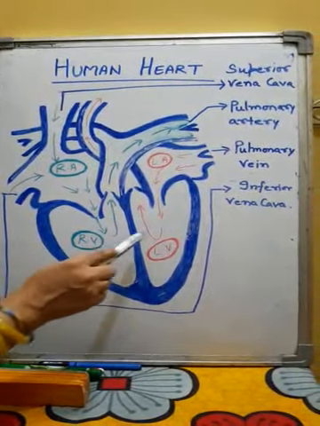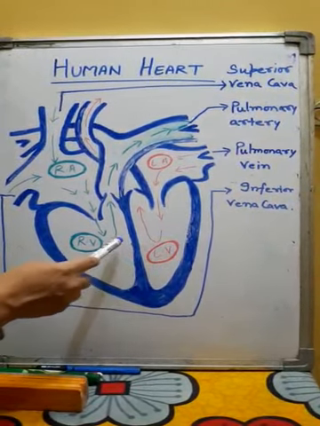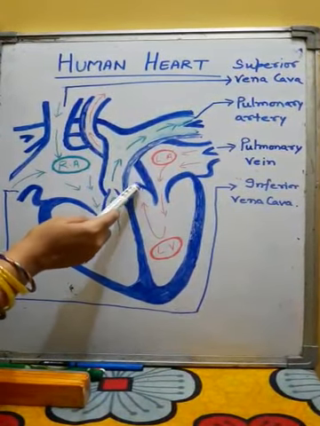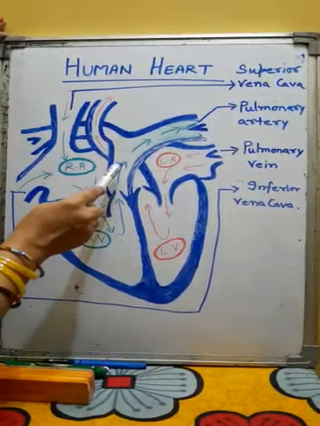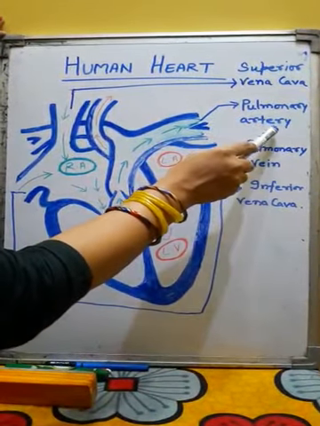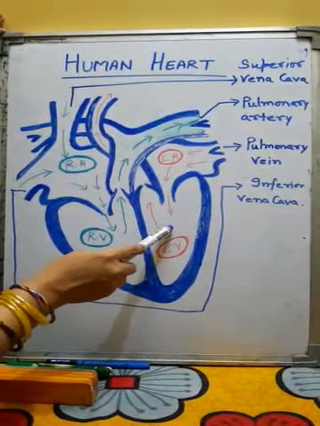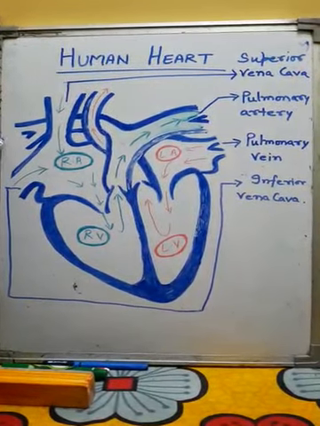Both the ventricles get expanded. This expansion again creates a push on the respective valves and blood from the right ventricle is pushed towards the lungs through the pulmonary artery and blood from the left ventricle is pushed to body parts through the aorta.